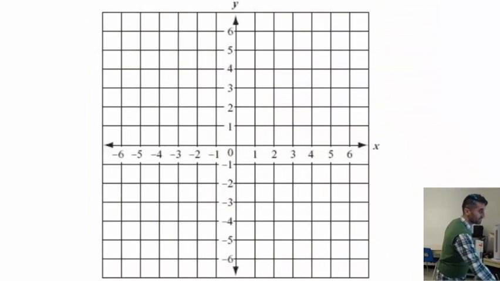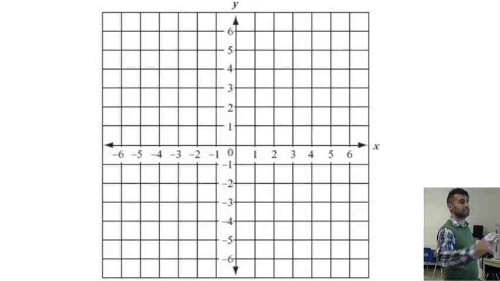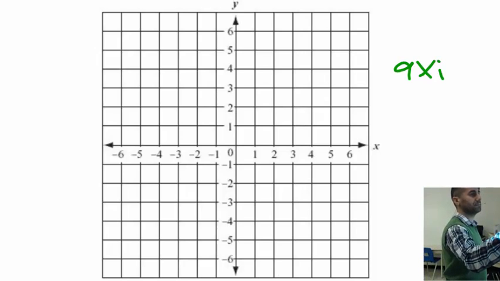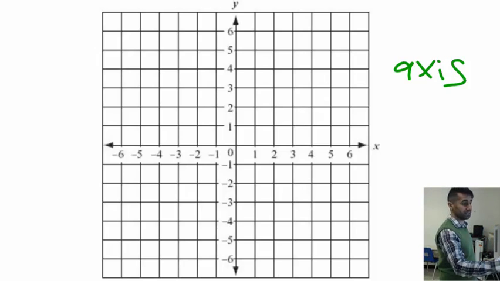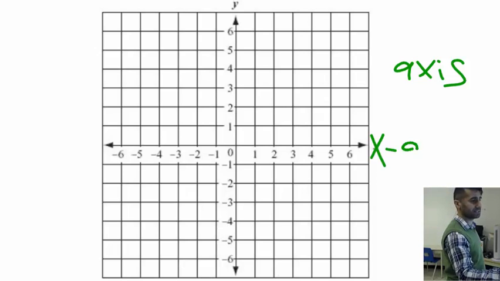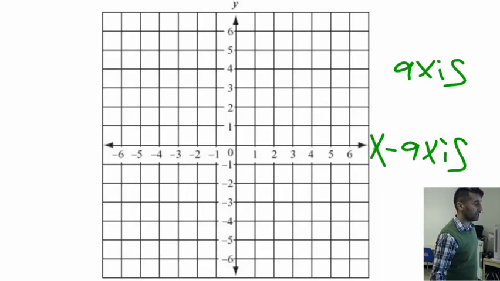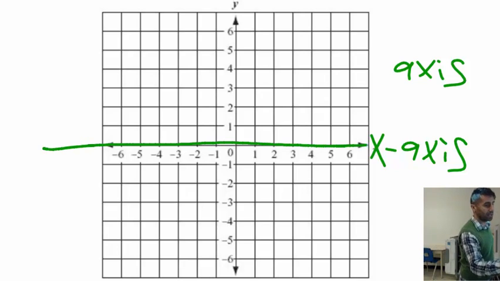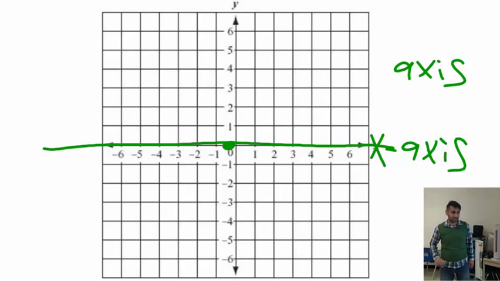Cartesian plane has two axes. First one is the x-axis. It goes from left to right, and this is the midpoint of the Cartesian plane, the middle one.